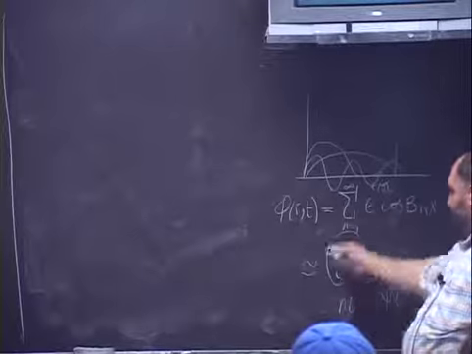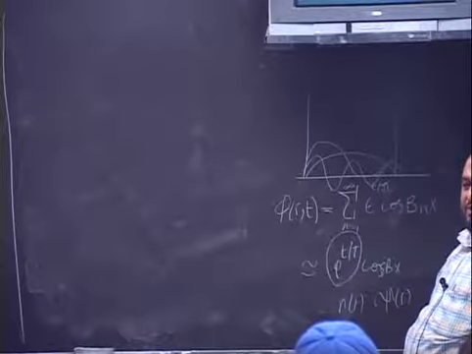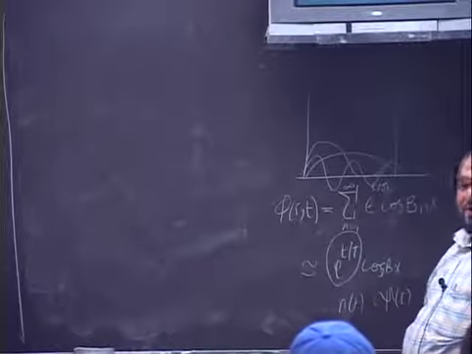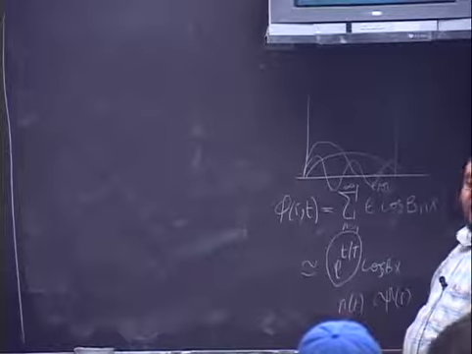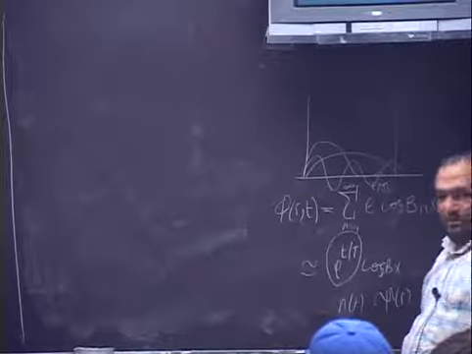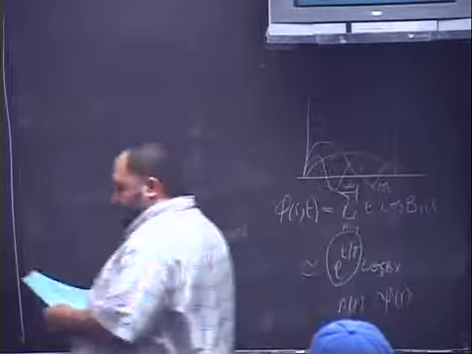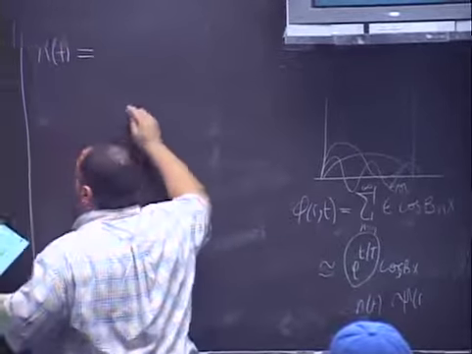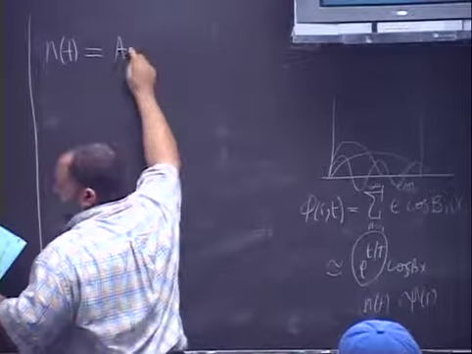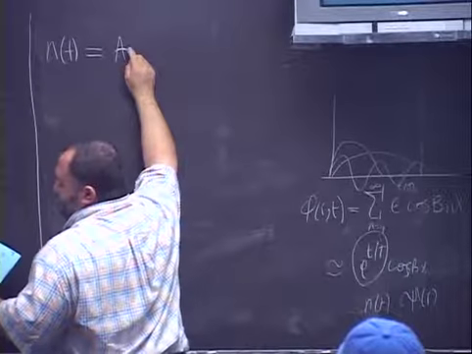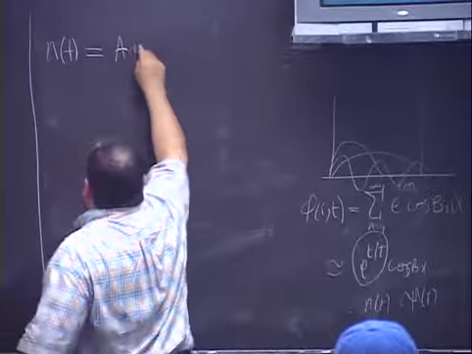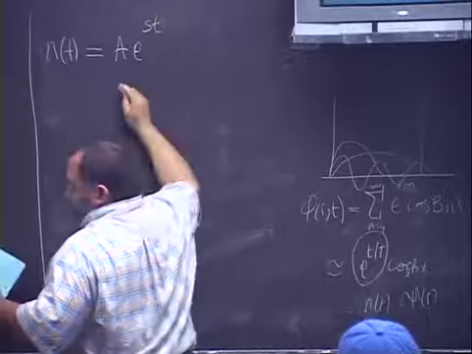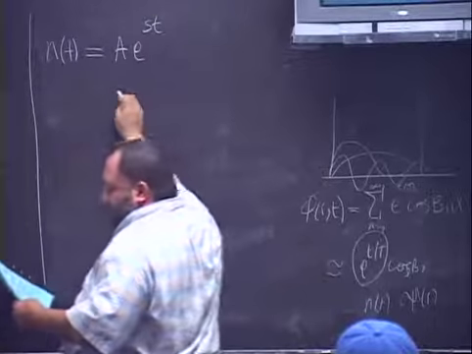So why will we not be able, for example, to say, okay, I can just assume that my n of t will be an exponential function of t. So this is what we will propose here. So we will propose that your n of t is some certain function: A is a constant multiplied by e to the power of st. Okay, guys?